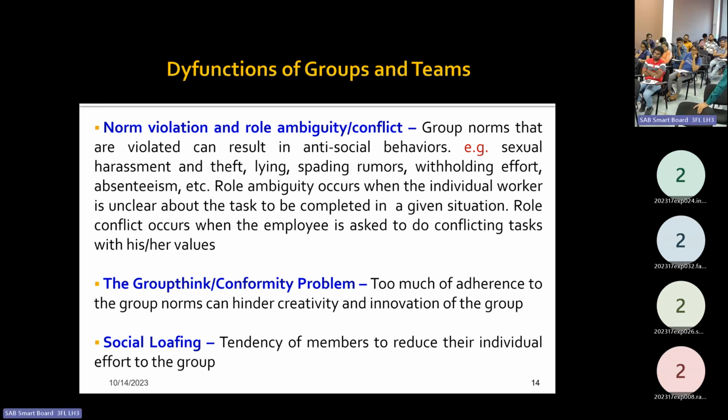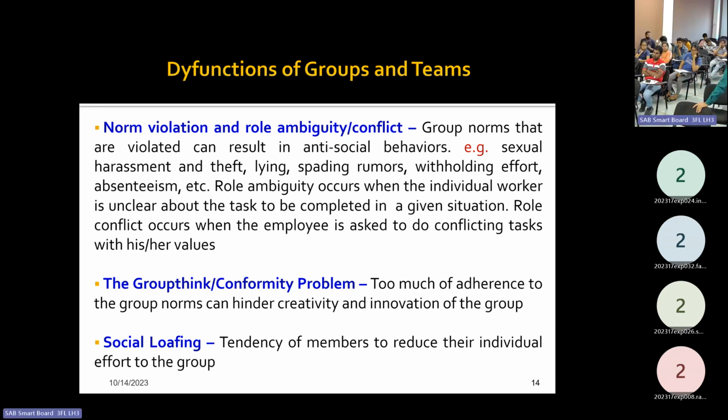The next one is another, different one. It is called role conflict. Right. Sometimes they are not violating the norms. They know the task to be done clearly, but despite that they face this problem, role conflict.